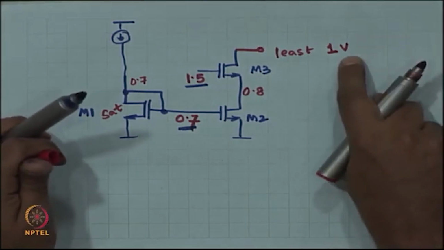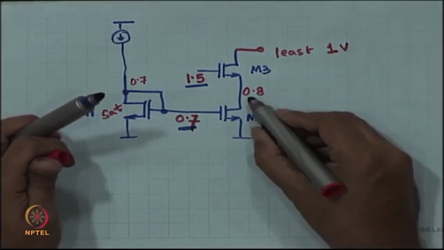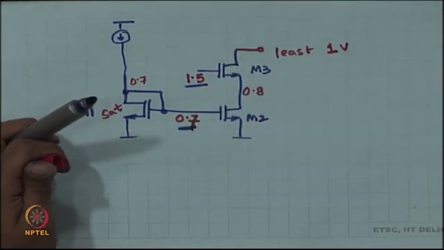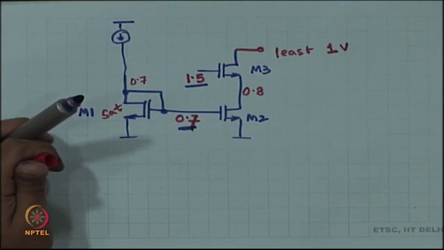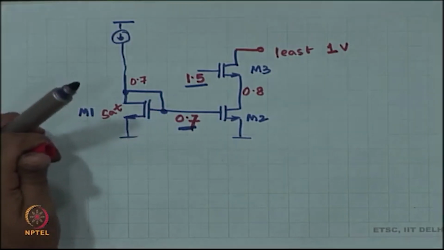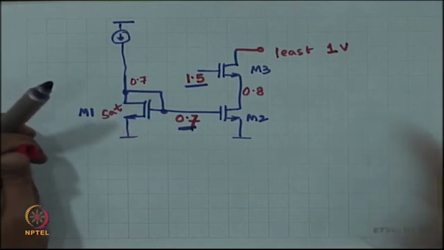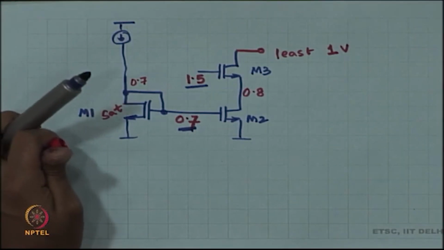Okay. If you go below 1 volt, then what is going to happen? M3 is going to go out of saturation. Is that right? Okay. But then what is going to happen? Suppose I do go below 1 volt, what is going to happen?